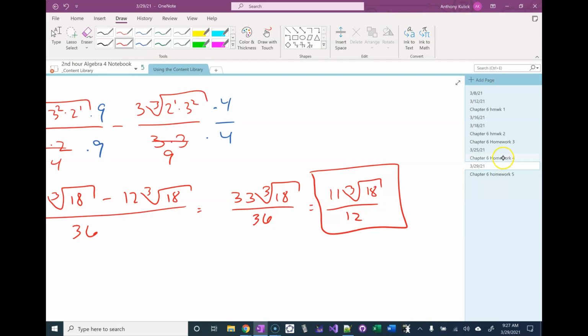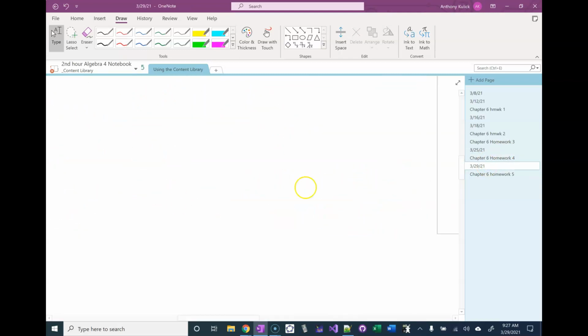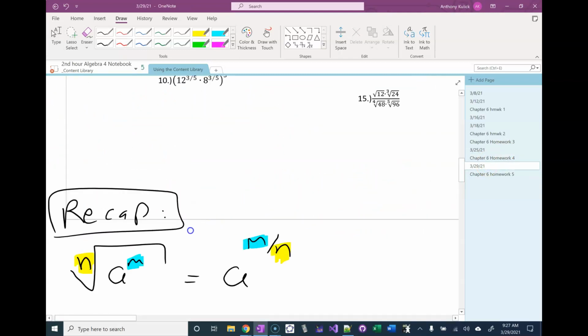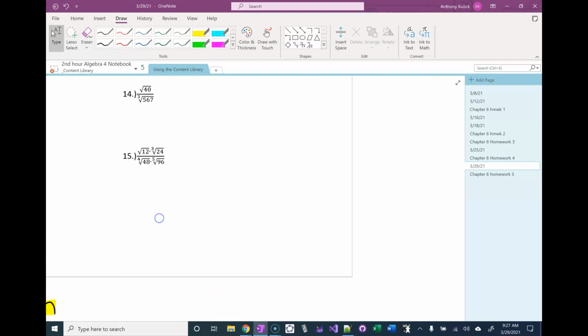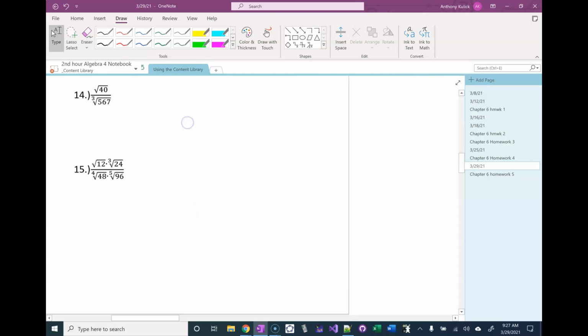Homework 4, number 15, you say? Okay. So as my first step, I'm going to do the prime factorization. And at the same time, I'm going to rewrite these as exponentials. Is that okay?